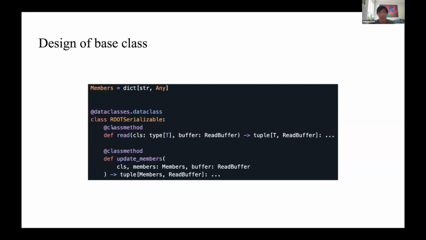First is the read method, which decodes fields from a binary buffer, and update members, which fills in a dictionary of members. What we're trying to do here is isolate this responsibility for each object. This makes the decoding process pretty modular because every object knows how to read itself, and each object can expose its fields in a standard way.